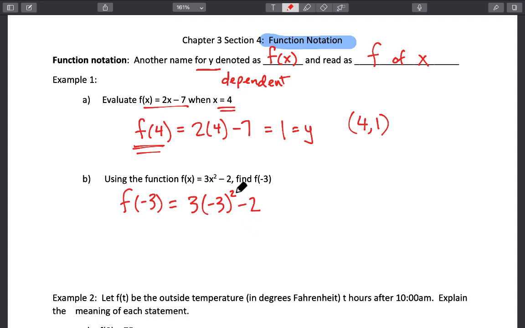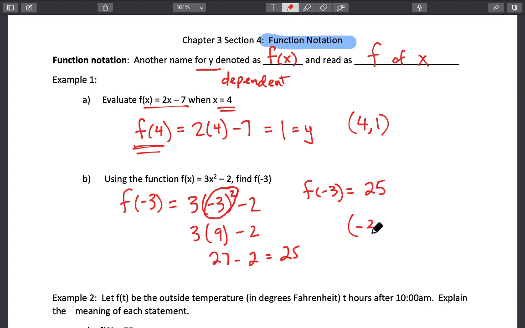Following your order of operations, you have to square your negative 3 first. So that becomes 3 times 9 minus 2. 27 minus 2 is 25. So we would say f of negative 3, the function is evaluated for when x is negative 3, the result is 25, which makes the ordered pair (negative 3, 25) a part of this function.